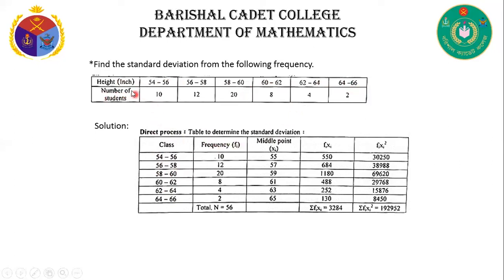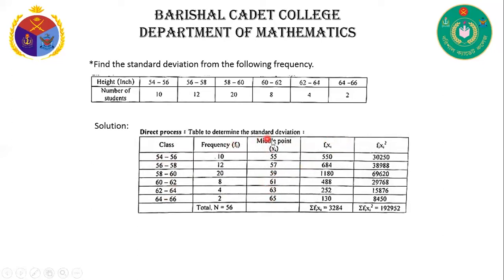The number of students, that means frequency fi, is equal to 10, 12, 20, 8, 4, 2. Now the midpoints: 56 plus 54 divided by 2 is equal to 55. Now 58 plus 56 divided by 2, that means 57. In the same way for the given data here.